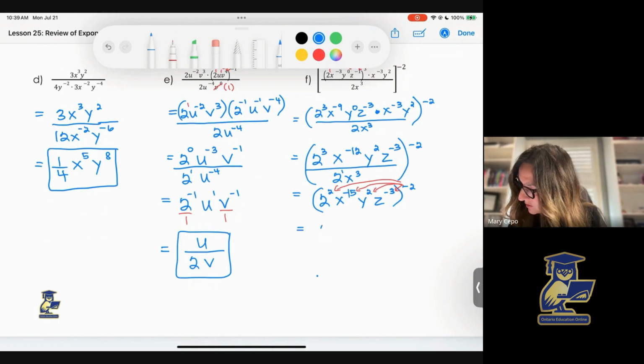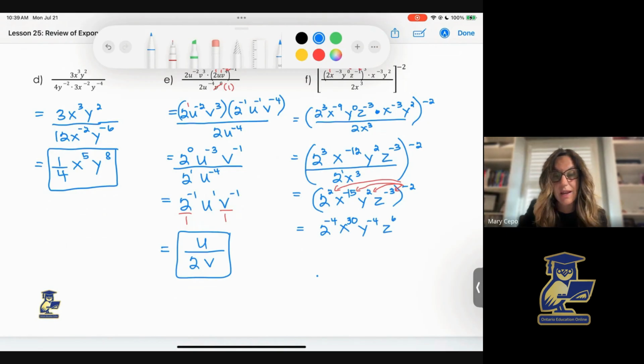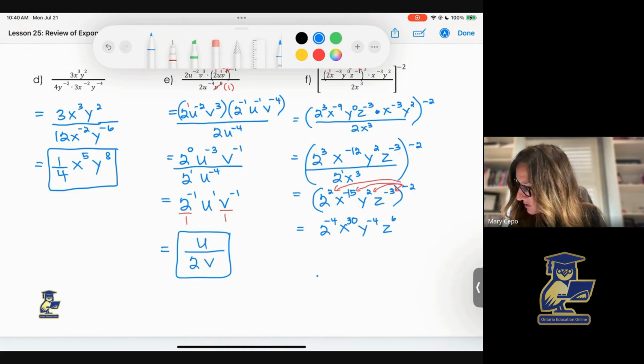Okay, so power to a power, you multiply those exponents. So this becomes 2 to the power of 2 times negative 2, which is negative 4, x to the power of negative 15 times negative 2, which is positive 30, y to the power of negative 4, and z to the power of positive 6. Again, any of those negative exponents, in order to make them positive, you have to take the reciprocal.